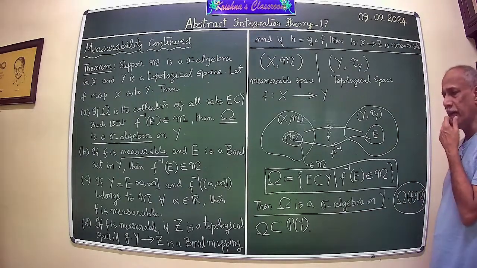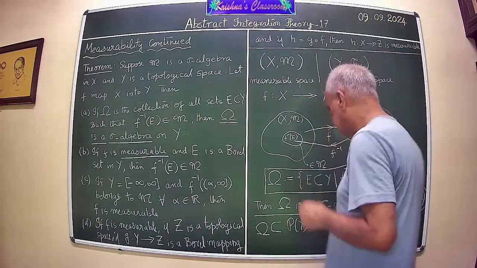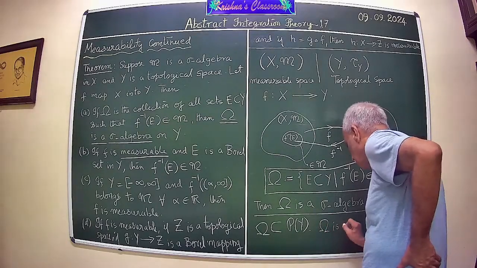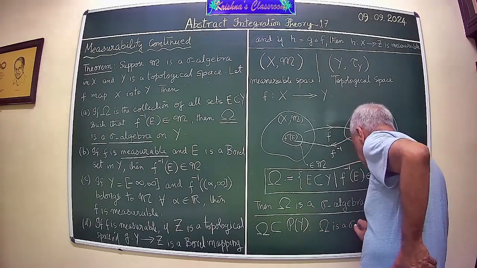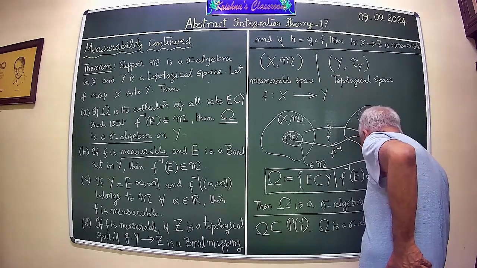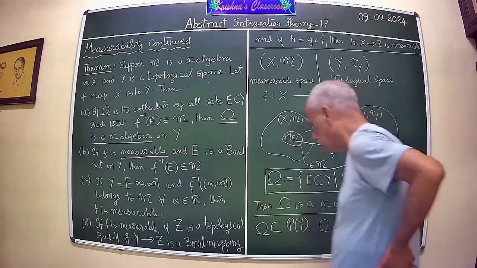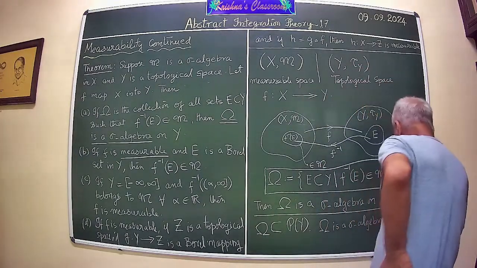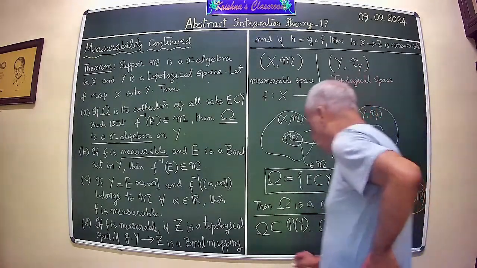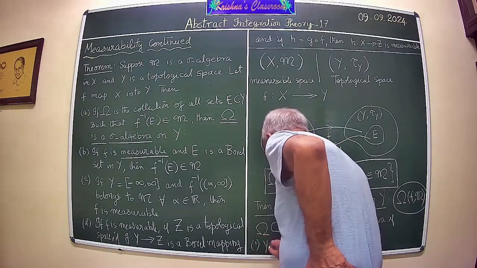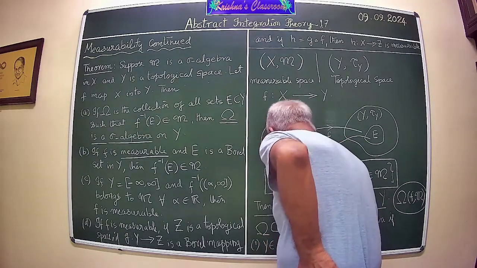See, omega is a sigma algebra if the three things hold. One, Y is an element of omega.